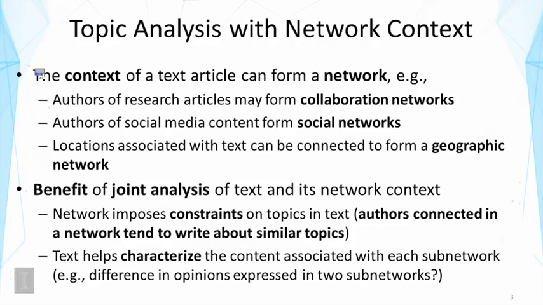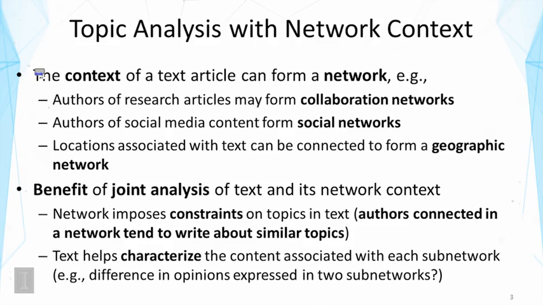The context of a text article can form a network. For example, the authors of research articles might form a collaboration network. Or authors of social media content might also form social networks. For example, in Twitter, people might follow each other.